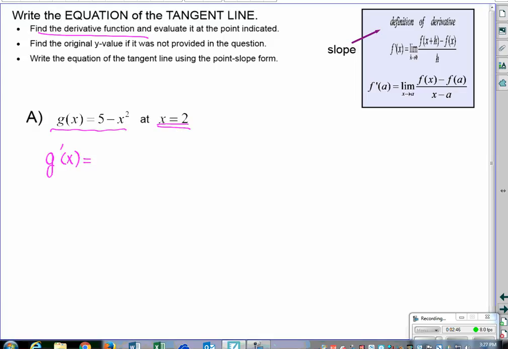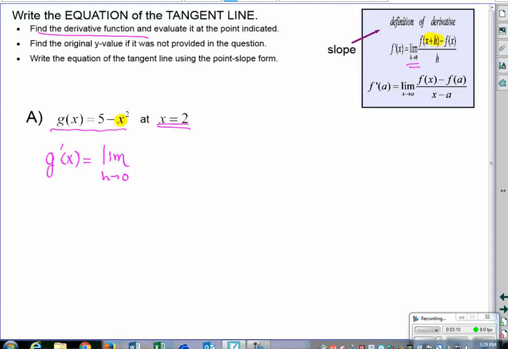g prime of x will equal the limit as h goes to 0, and that captures this portion, of the function evaluated at x plus h. So everywhere I see x, I'm going to replace it with x plus h.